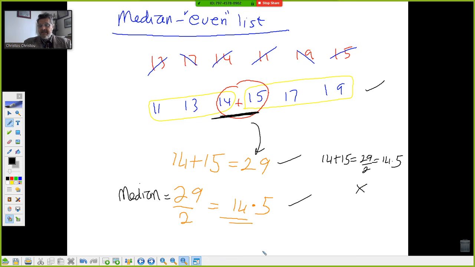You've heard that all throughout Year 7 and Year 8? The reason being is because 14 plus 15 is not 14.5. 14 plus 15 is 29. Stop. Then 29 divided by 2 is 14.5, and that's your median.